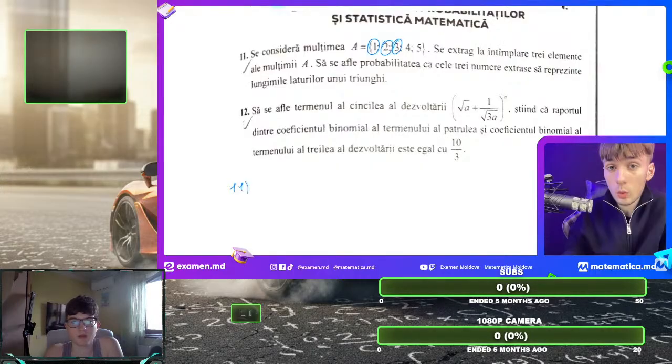Find the probability that, what is this problem, bro? The probability that the numbers extracted represent the lengths of a triangle.